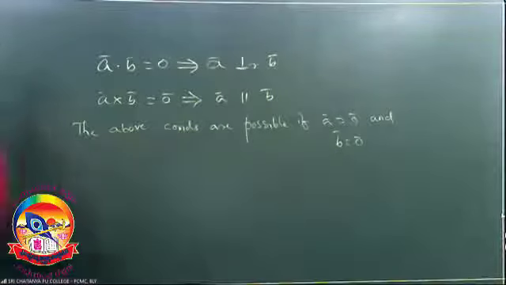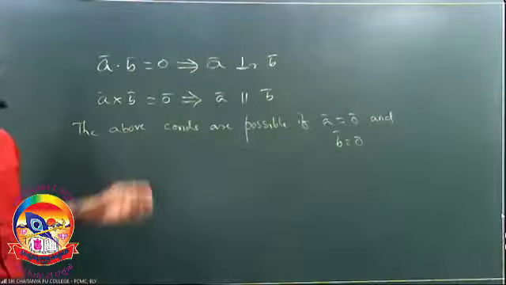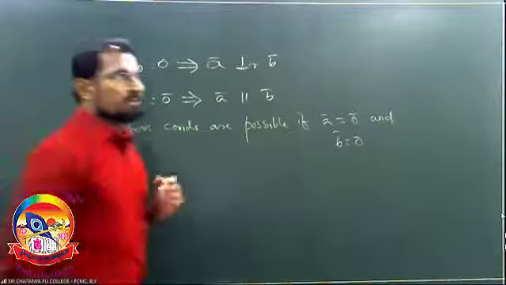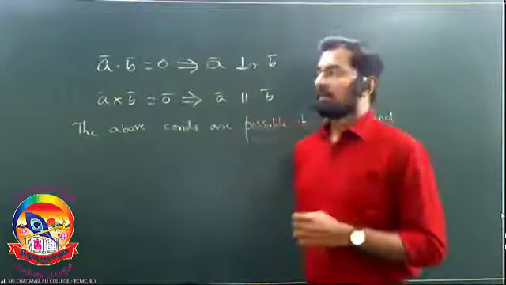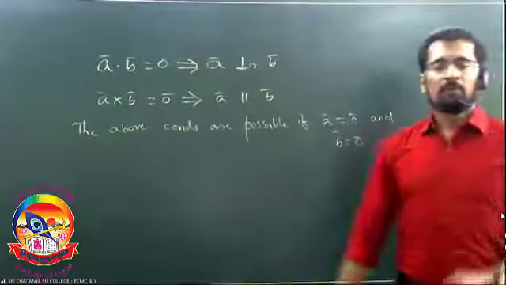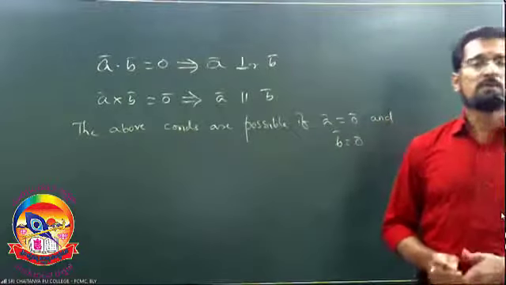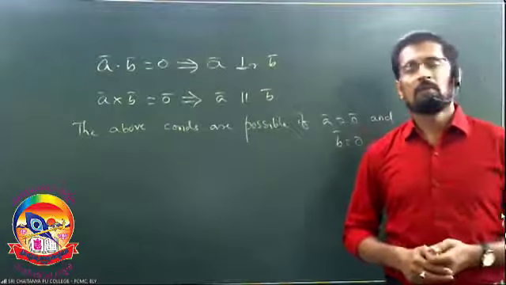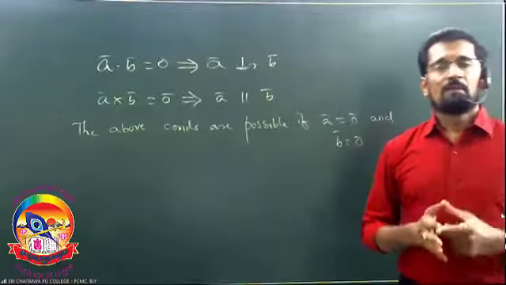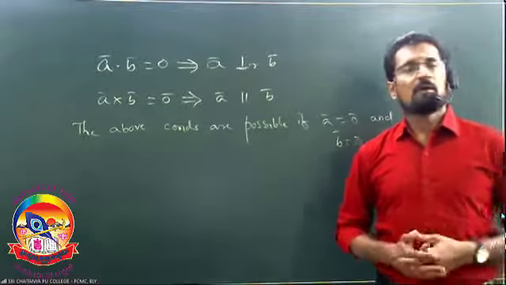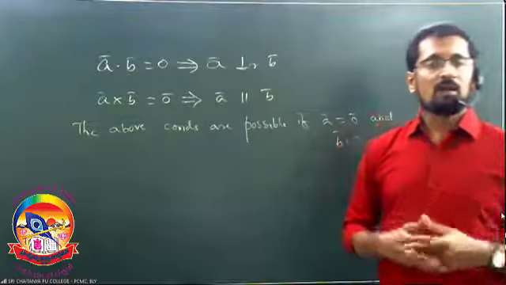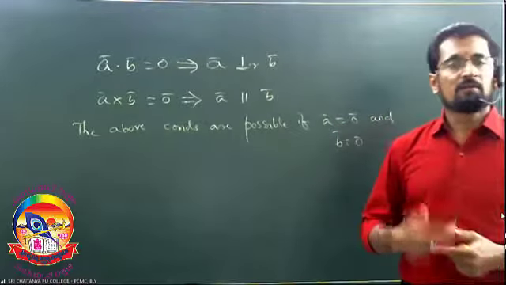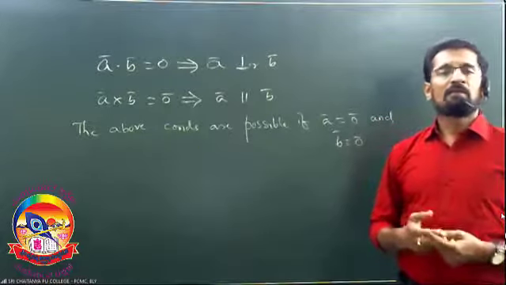I hope you understood this. You copy this one. At the time of your copying, I am repeating that problem. In this problem, he has given you two conditions. A bar dot B bar is equal to 0, which means A bar is perpendicular to B bar. A bar cross B bar is a null vector, which means the theta value is equal to 0.